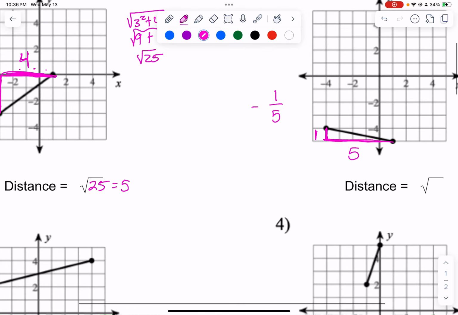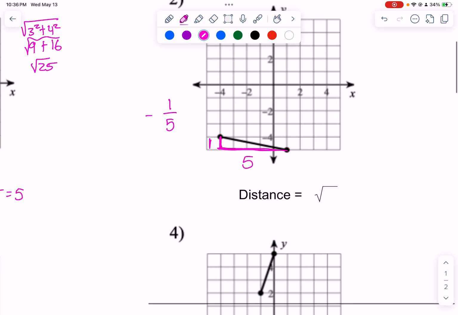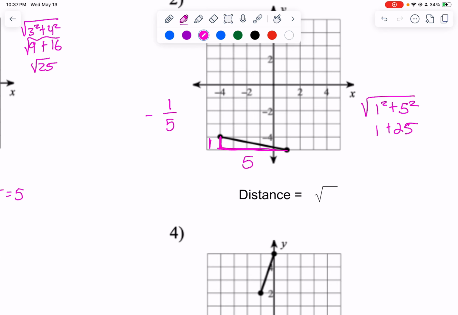What that also means is I can go ahead and calculate this distance with a 1 squared plus 5 squared inside the square root. So that's 1 plus 25, or 26 inside the square root. And that's the simplest version that we would have for that one.